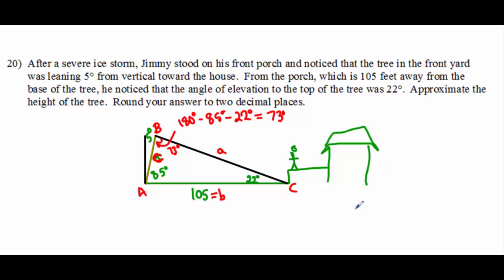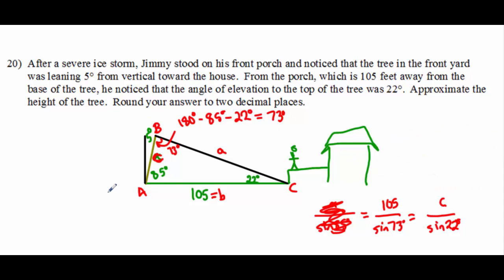I'm going to set up law of sines. I can set up A over sine A, although I'm not going to use it because I don't need to find side A. I really just need B and C. So I'm not going to worry about that first fraction at all. I'm going to cross multiply.